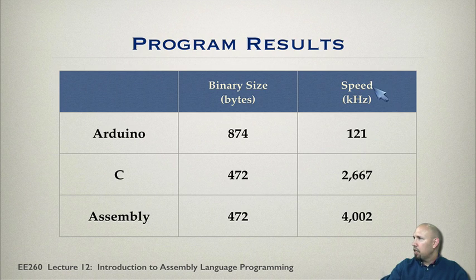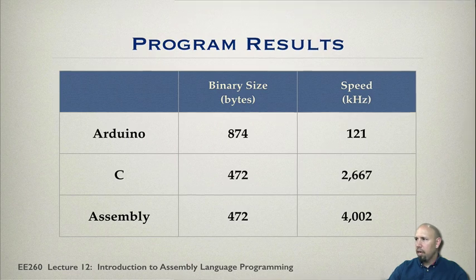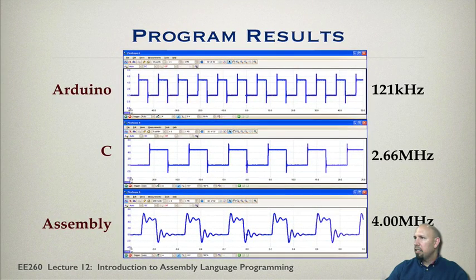And the speed. These are the speed values, and you can see this is as fast as you can go in the Arduino, this is as fast as you can go using that C program, and this is as fast as we can go using that assembly program. These are scope traces we can get looking at those programs as they run.